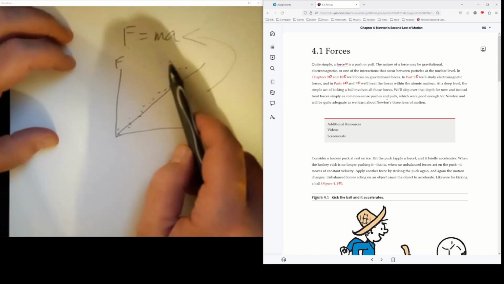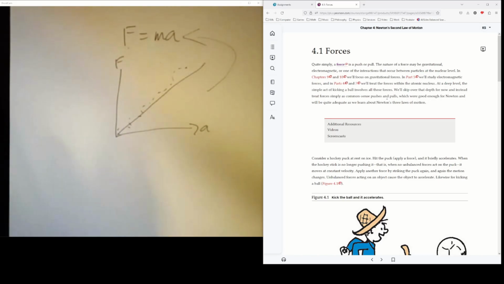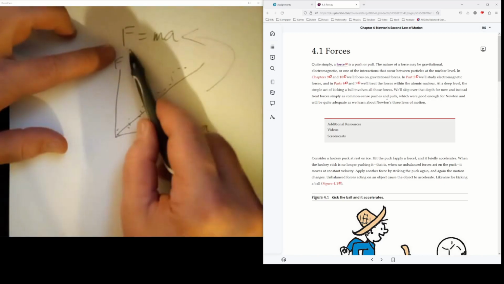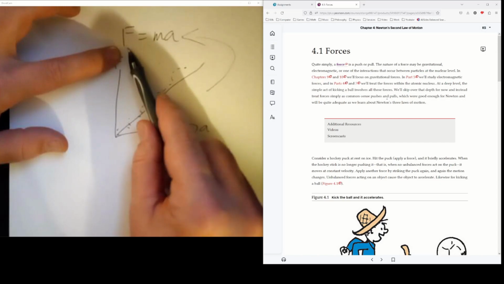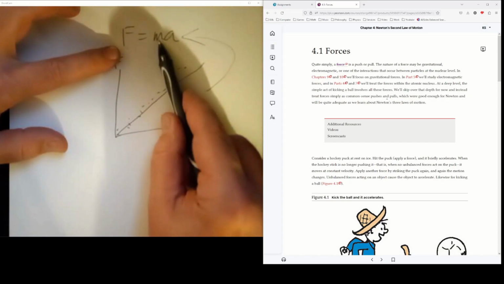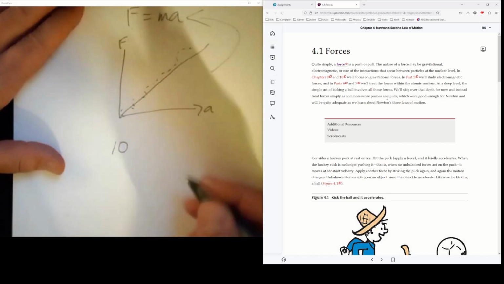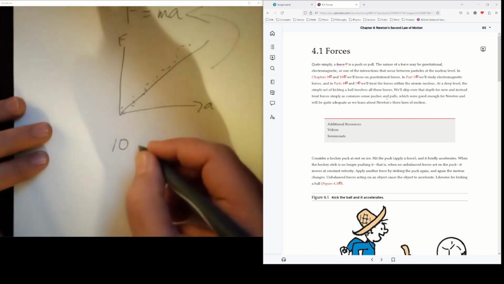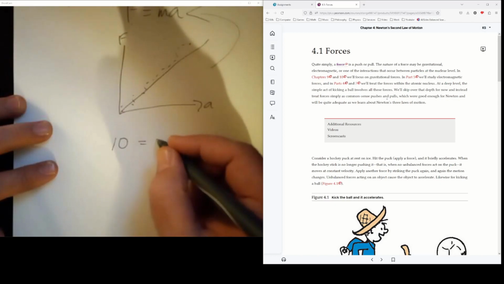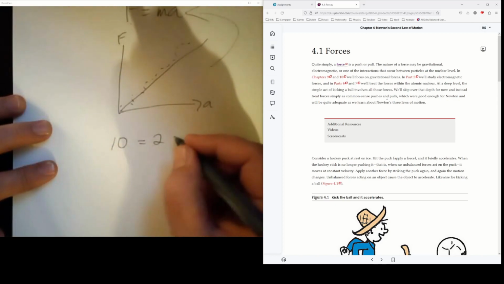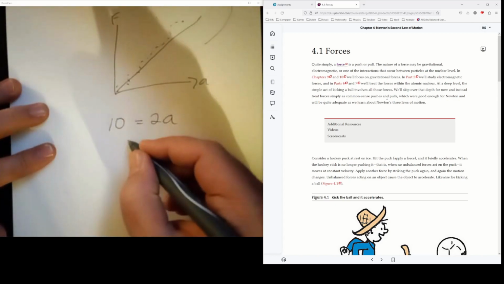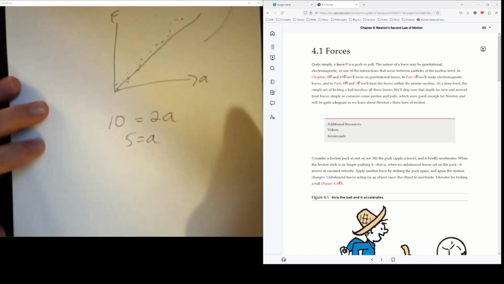Mass is a measure of how resistant you are to motion. So if you apply the same force, let's say you apply 10 newtons of force, and something has 2 kilograms of mass, then that would be an acceleration of 5 meters per second squared.